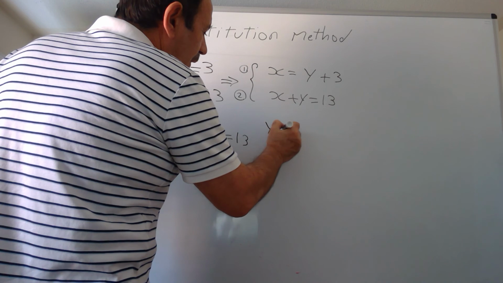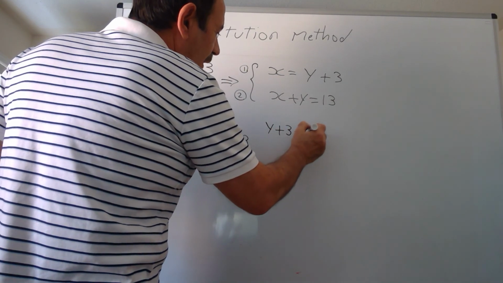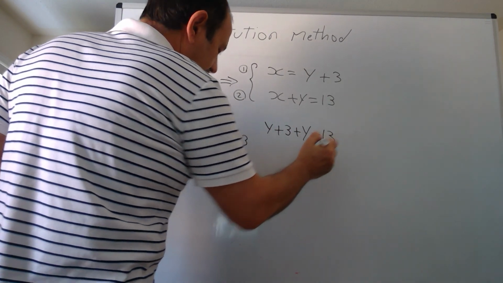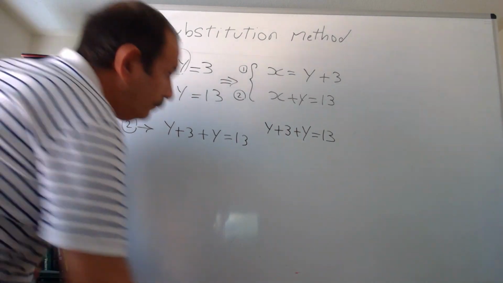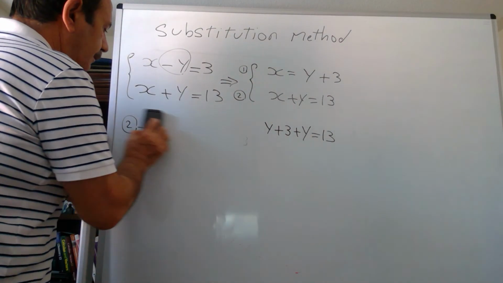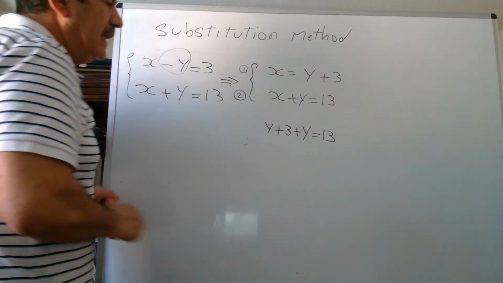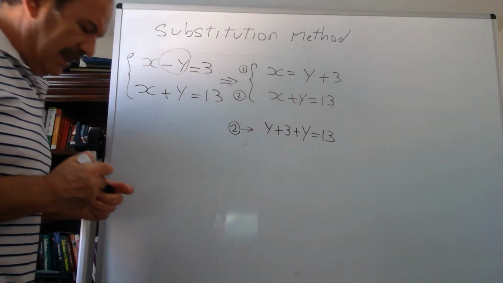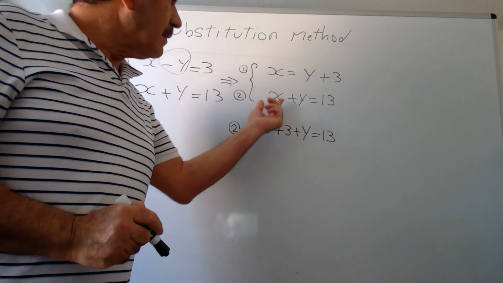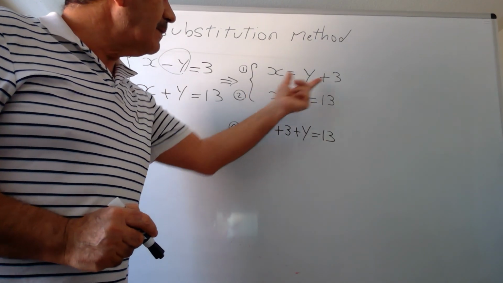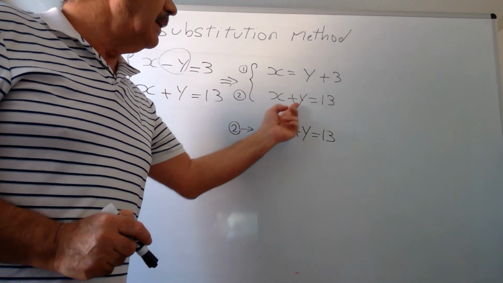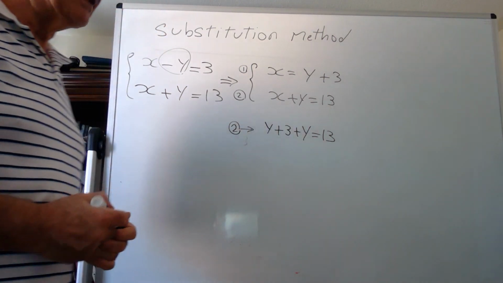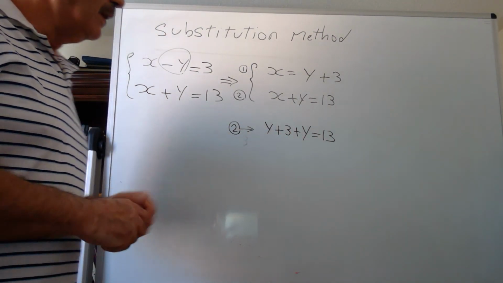So y plus 3 plus y is equal 13. Can you see? This is equation 2. Instead of this x, I substitute y plus 3, and this y is already there, equal 13. Now simplify this one.